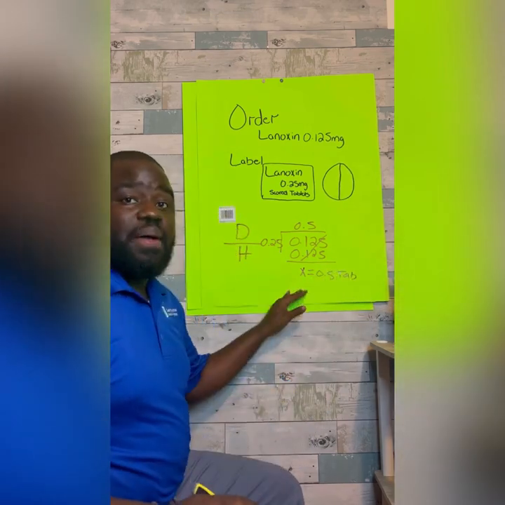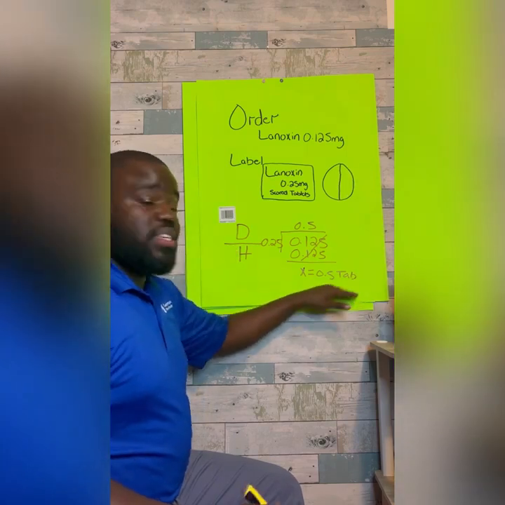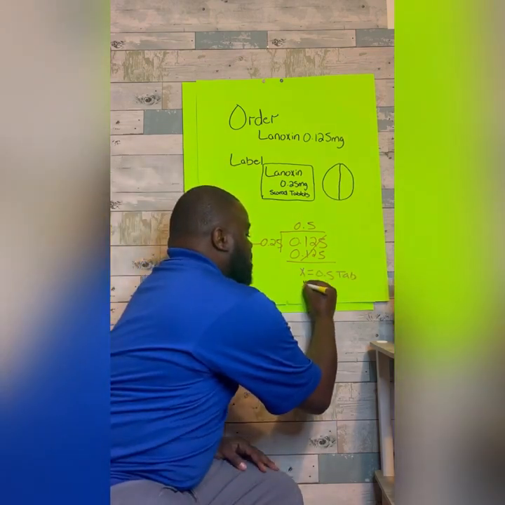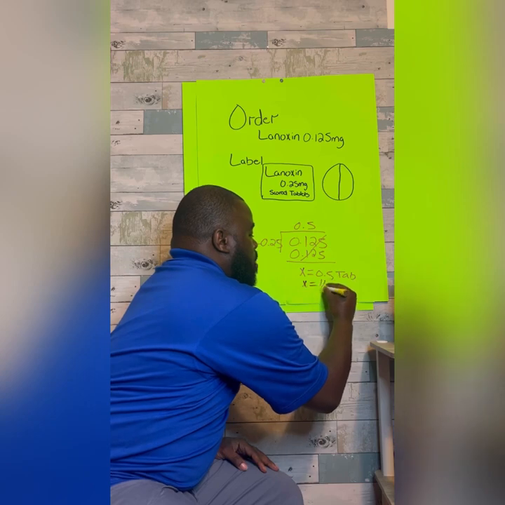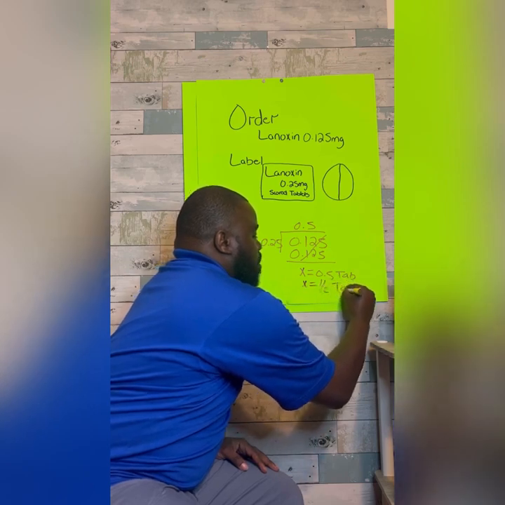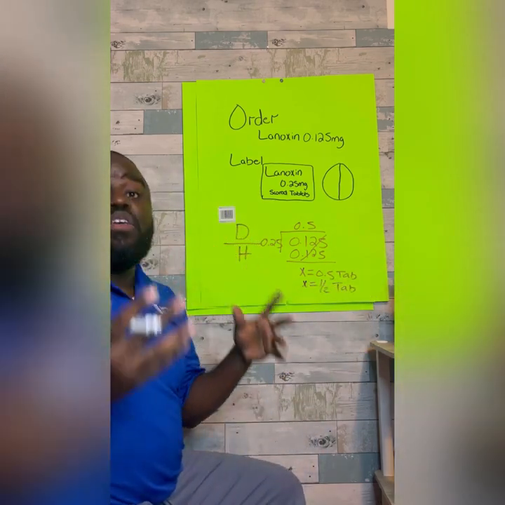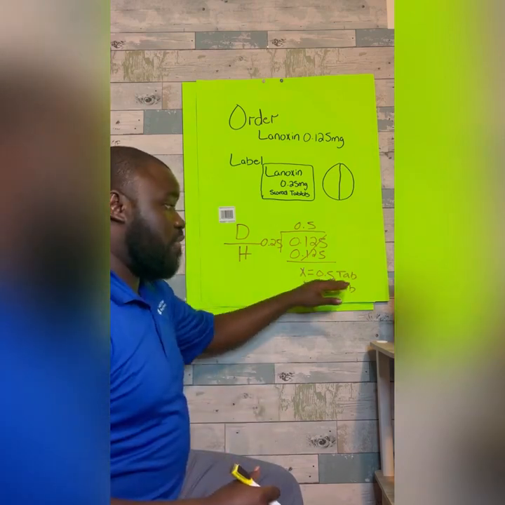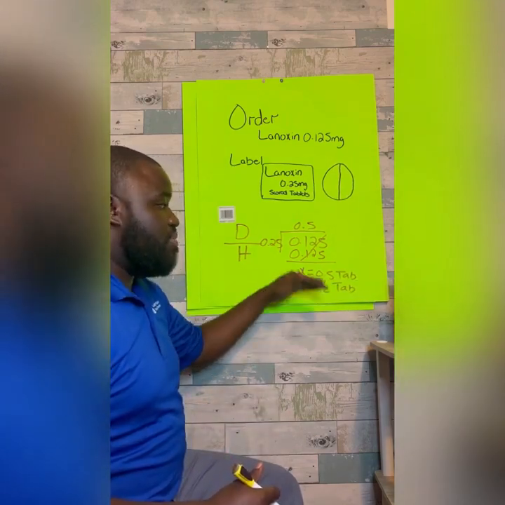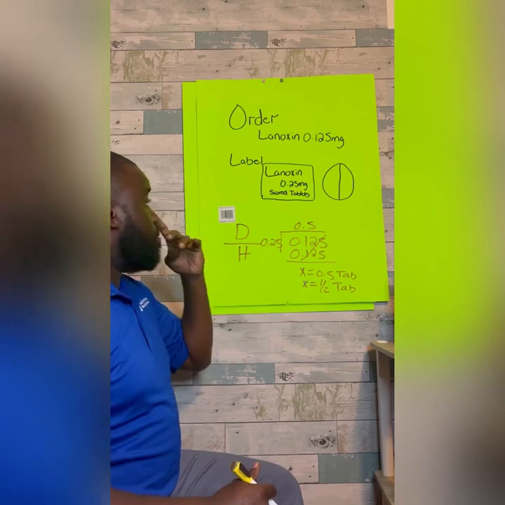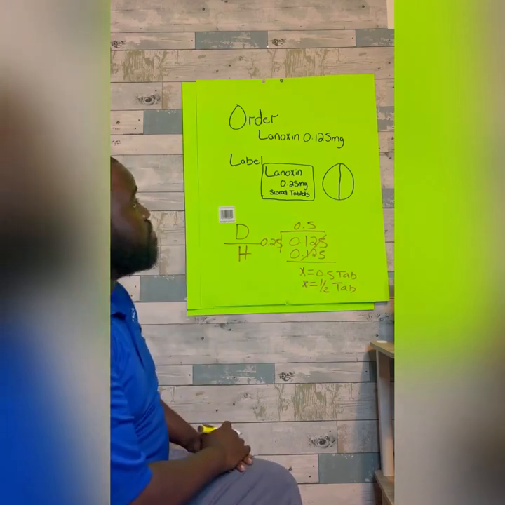Okay? Half a tablet. You can either write it like this, or you can put x equals 1/2 tab. Okay? Either way is right. You can either do 0.5 tab or half tab. They still mean half tablet. Okay? And that's our answer.